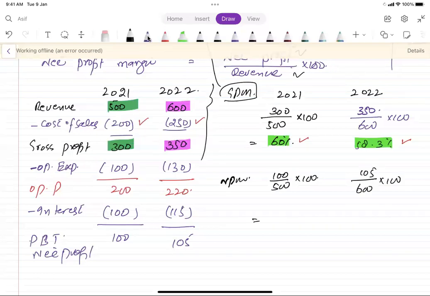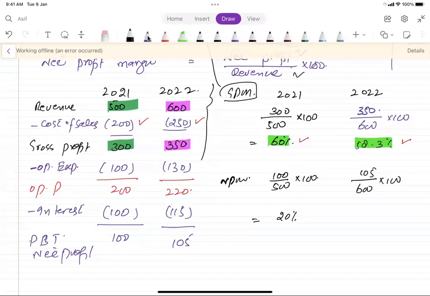What is the answer in both cases, Hamza? 100 over 500 multiplied by 100, answer is? All of you are silent. 20%. And what is the next situation? 17.5.